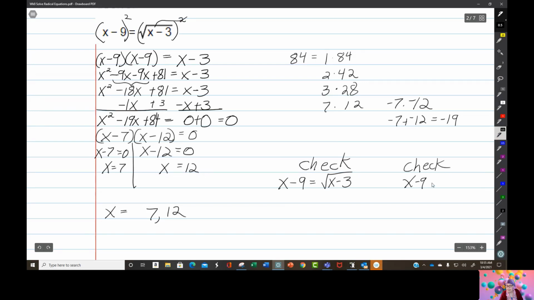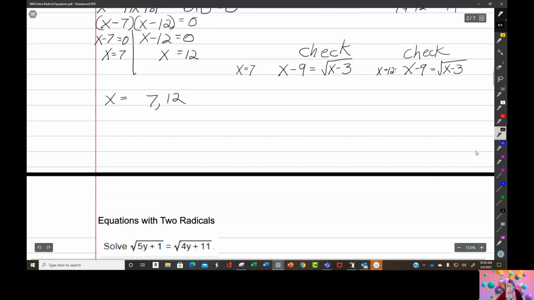Here we're going to check x equals 7, and here we're going to check x equals 12. Okay. So 7 minus 9 equals the square root of 7 minus 3.